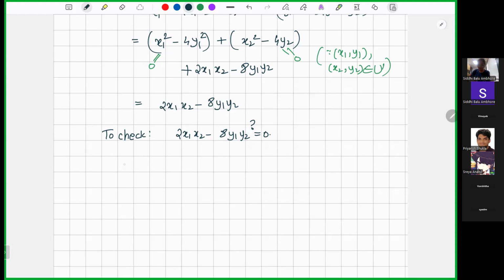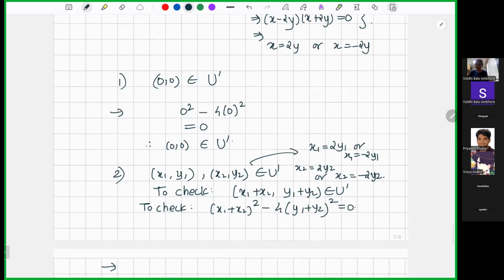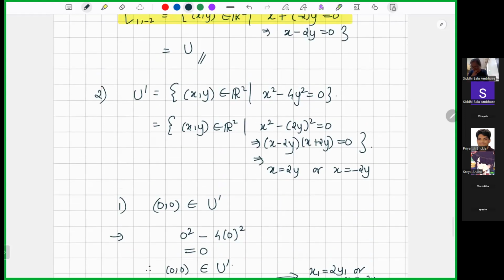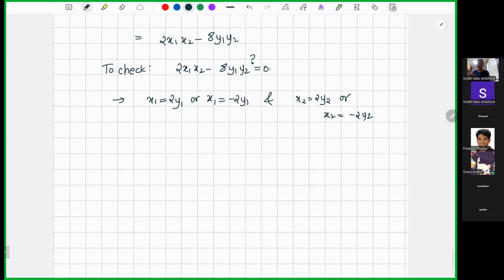We have that x1 is equal to 2y1 or x1 is equal to minus 2y1, and x2 is equal to 2y2 or x2 is equal to minus 2y2. This is what we have. So there are four possibilities.